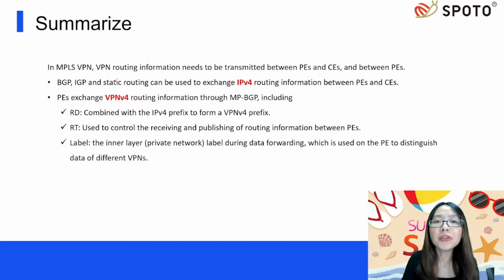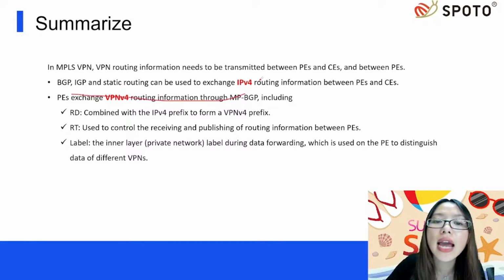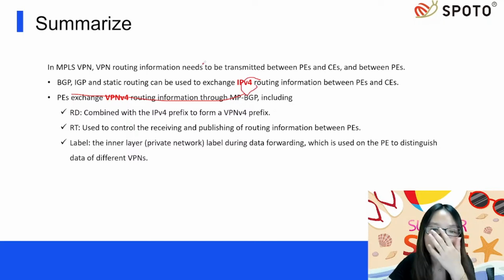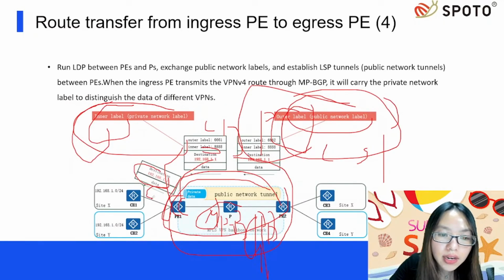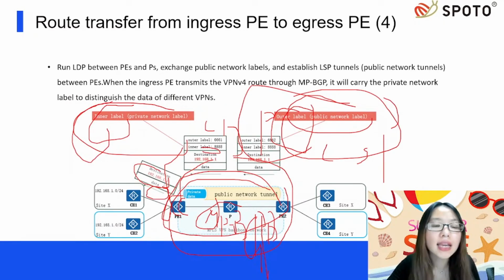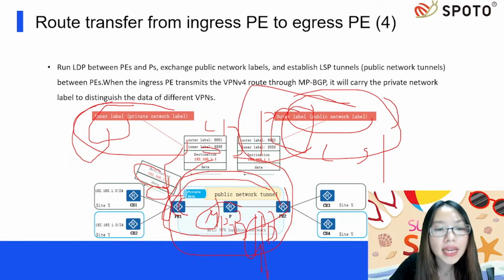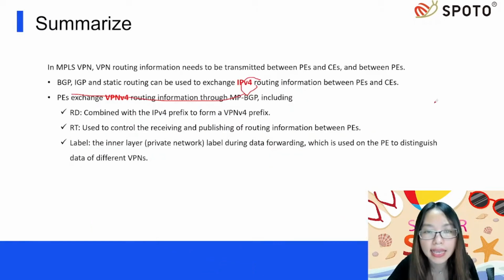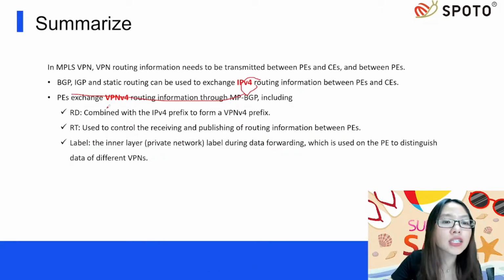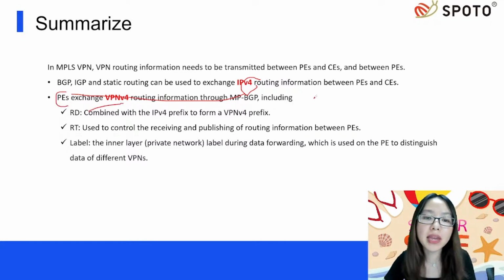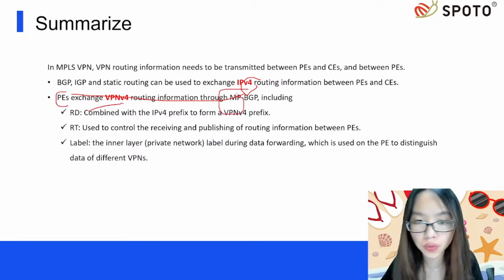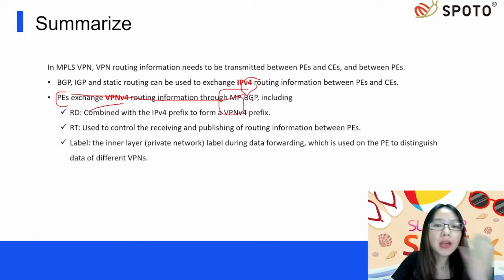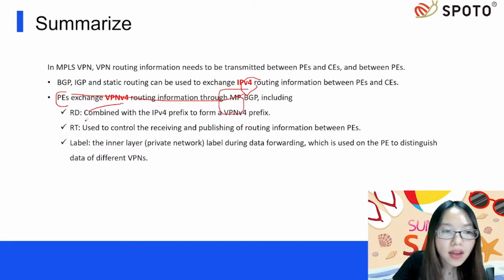BGP, IGP, and static routing can be used to exchange IPv4 routing information, so we need to configure BGP or IGP to transfer IPv4 routes between PE and CE. And the PEs exchange VPN v4 routing information through MPBGP, so we need to know the VRF and the RD.